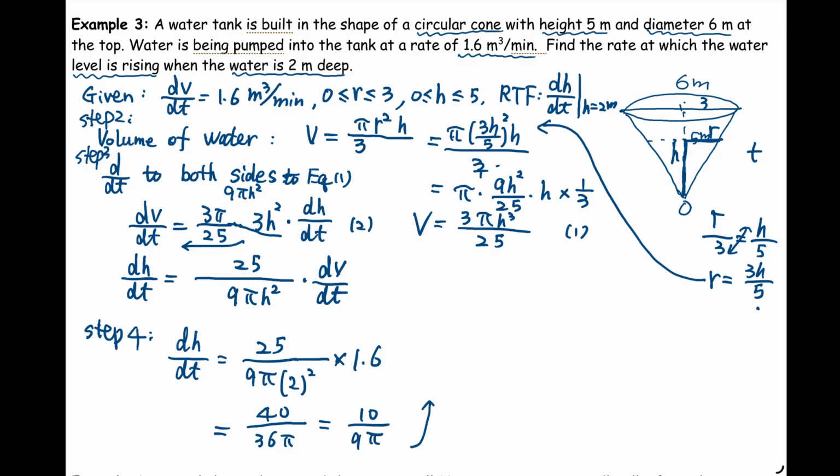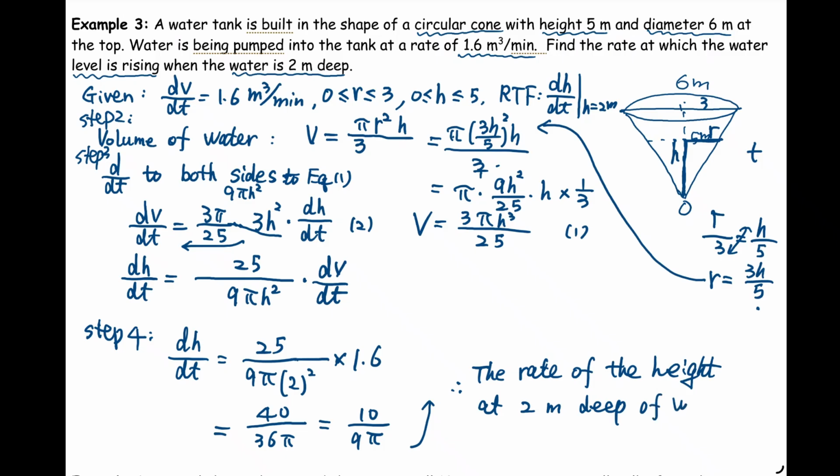So this is the final rate of change, the rate of the height at 2 meter deep of water. The height change is 10 over 9 pi meter per minute. So this is done.